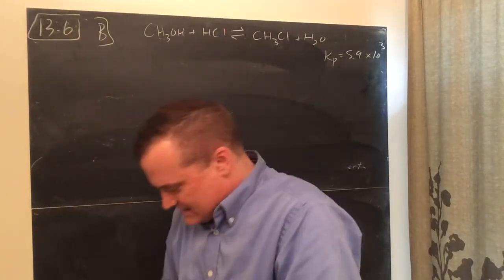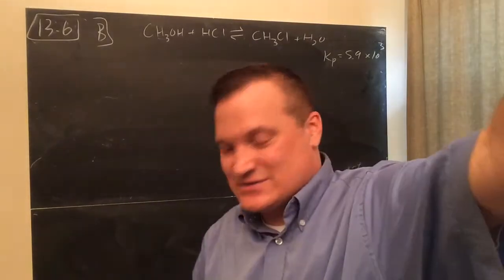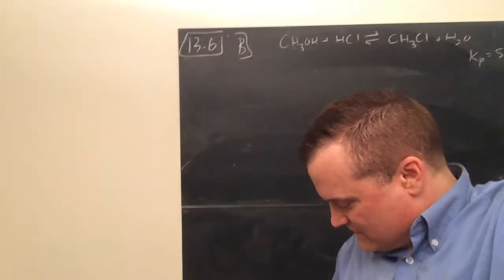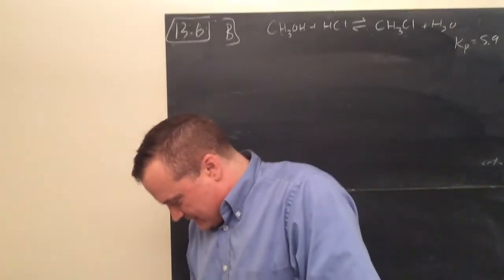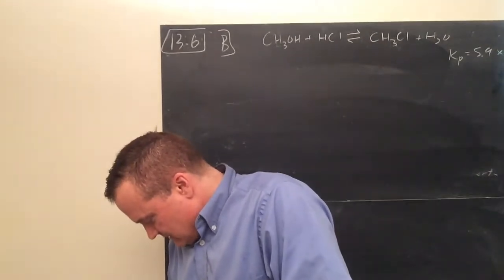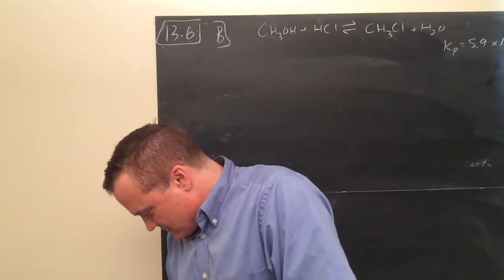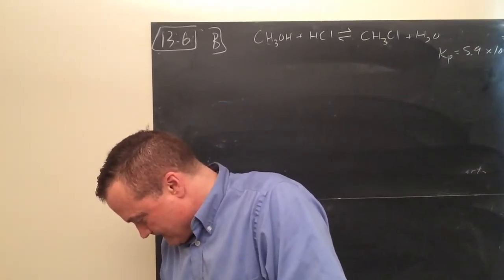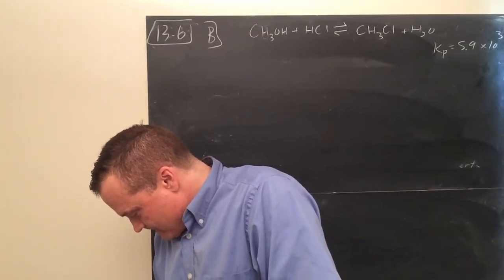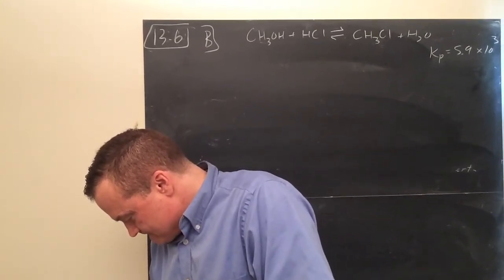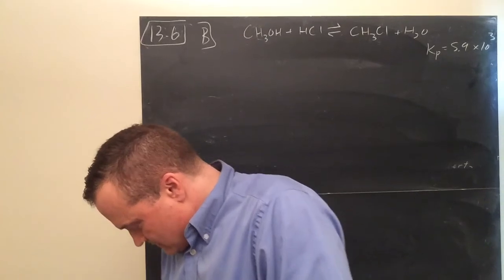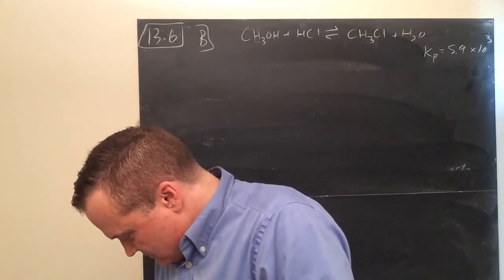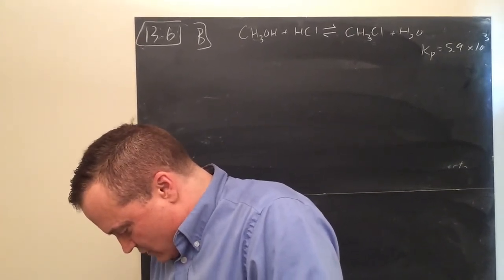I don't have my original notes for this, and that's one thing bad. But let me just see what's going to happen here. 10 to the third. It might work okay this way.